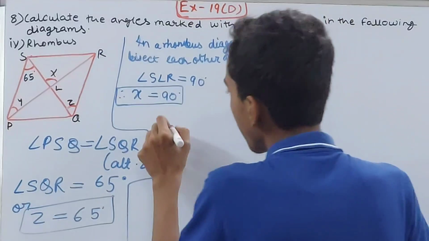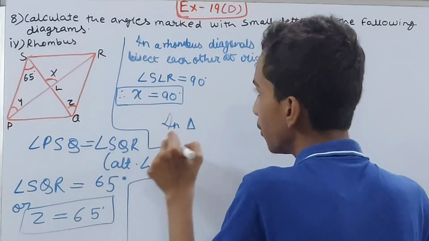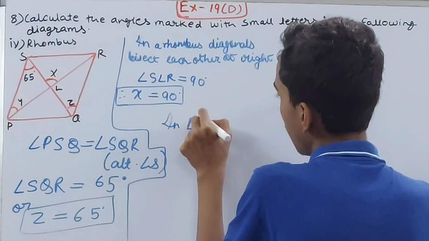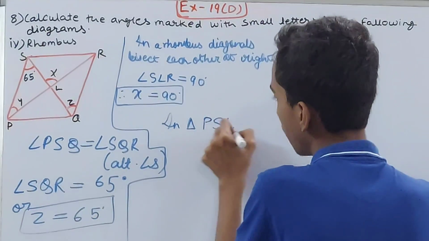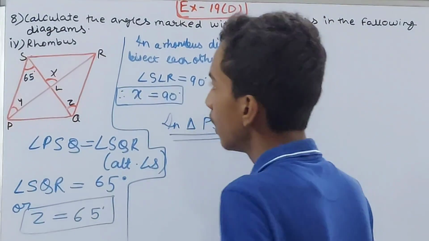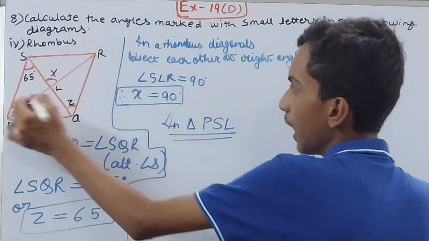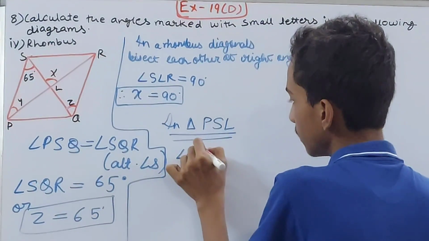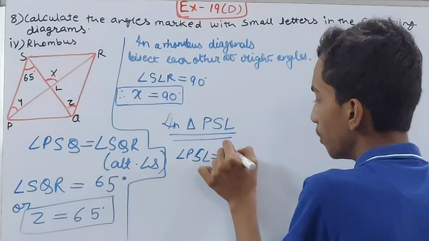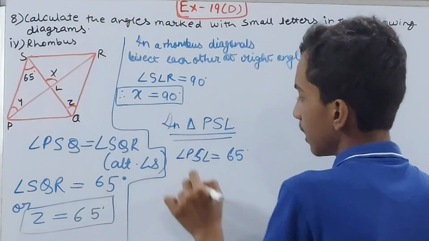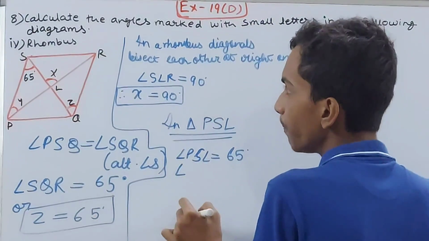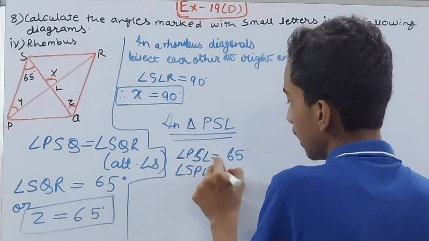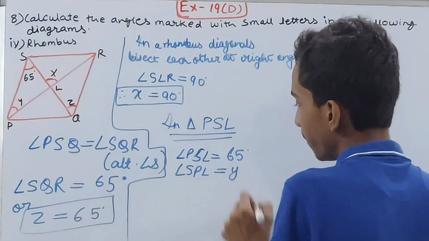Look, come to triangle SLP, or let's say PSL, that will be better. So you have angle PSL, that is already known to you, 65 degrees. Angle SPL is Y degrees.